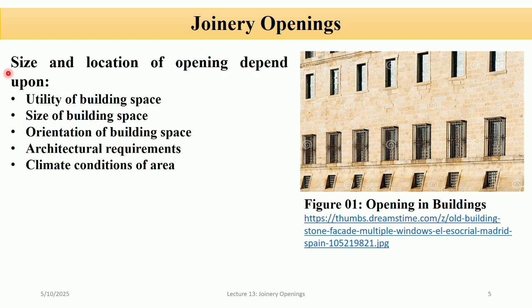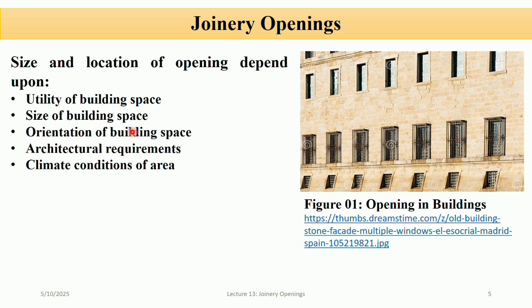Now let's discuss the factors which affect the size and location of openings. Size and location of openings depend upon the utility of the building space. Different rooms have different functionality needs. For example, living rooms require large windows for light and ventilation, bathrooms need small ventilators for privacy and airflow, and storage rooms may not require any opening at all.